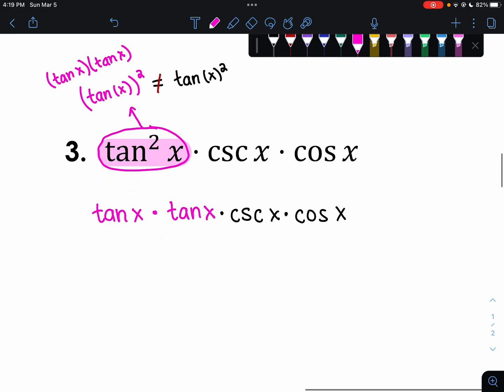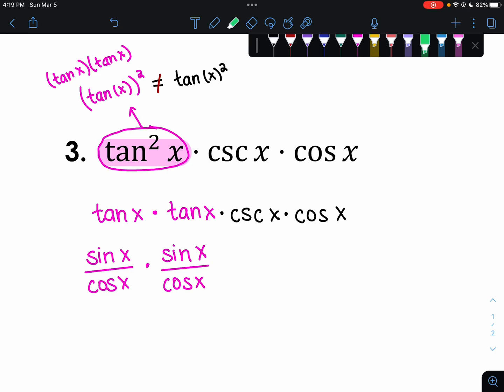So tangent is sine x over cosine x. Tangent again, sine x over cosine x. Cosecant can be written as 1 over sine x. And then cosine is already in terms, but I'm going to go ahead and put it over 1.